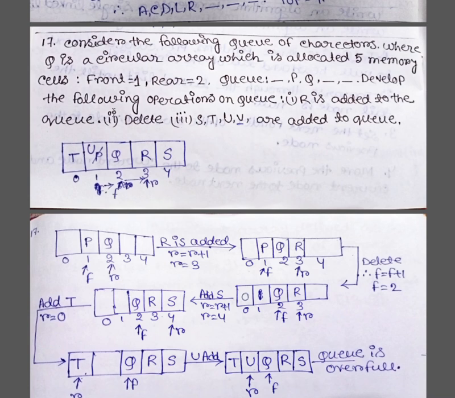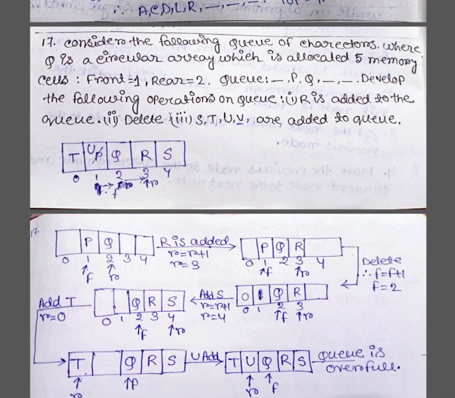So now we have to perform the operation. R is added to the queue. From this rear position we can add any elements. So the rear position will be increased by 1, and in this position we can add R. So here you can see R is increased by 1. So R is now at the third index. So here we can insert R.